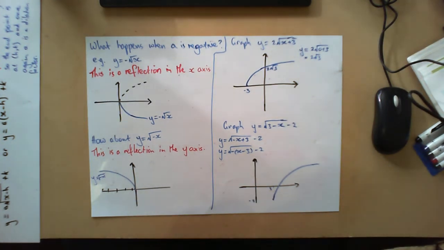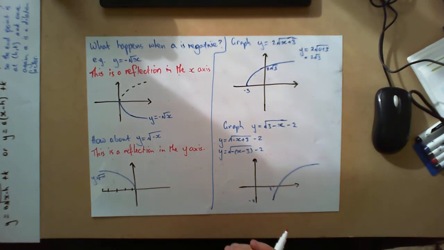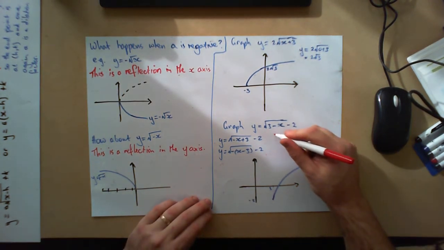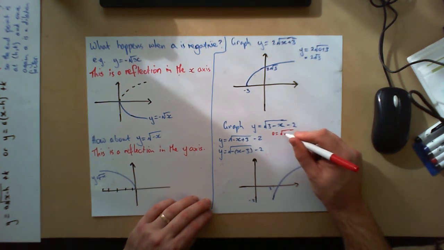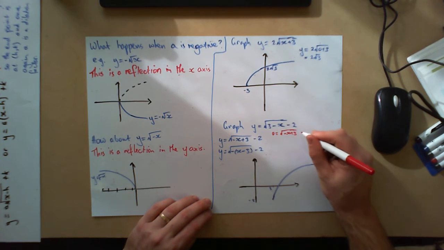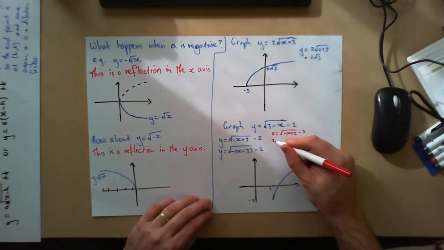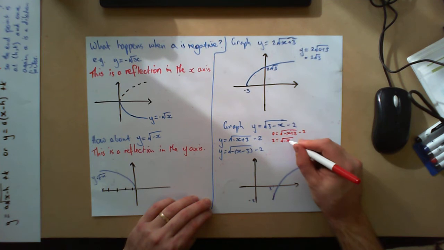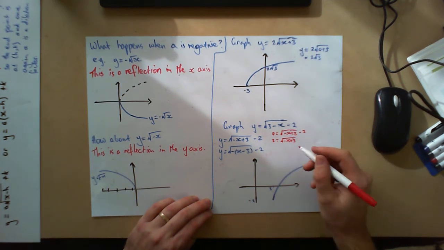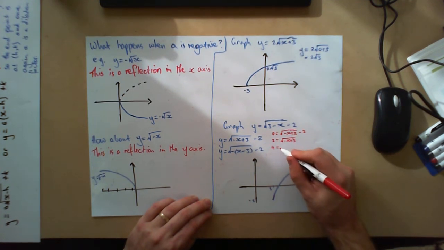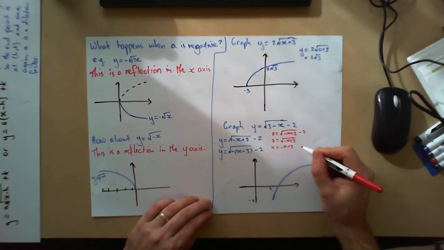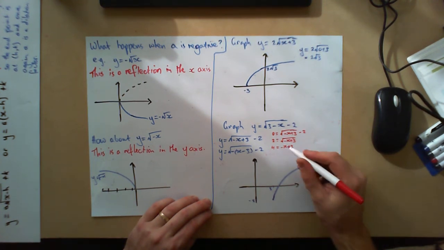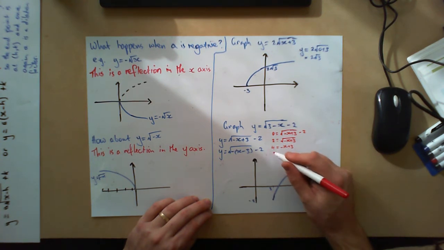Now we can see there that we're not going to have a y-intercept, but we should be getting this x-intercept, which is when y equals 0. So we say 0 equals square root of negative x plus 3, take 2. Now add my 2 on. 2 equals the square root of negative x plus 3. I'm going to square that now and get 4 equals negative x plus 3. Now I need to take away my 3 here.